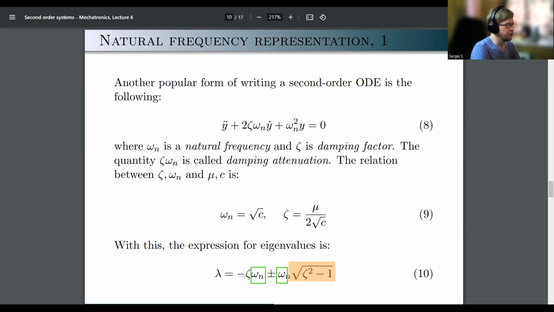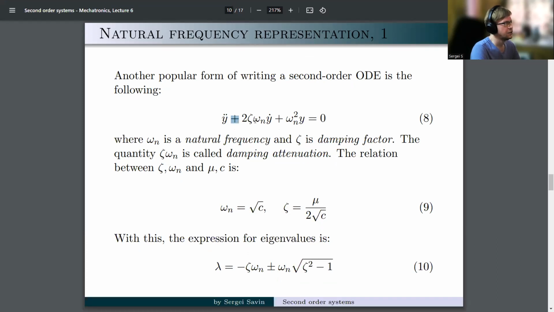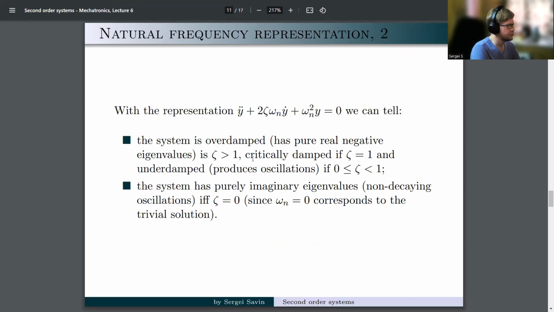And in the brackets, it will be minus this number, plus or minus the same number, but made smaller by 1. So they should be negative. Pure negative eigenvalues when zeta is bigger than 1. We assume positive frequencies, by the way. All right. Good.